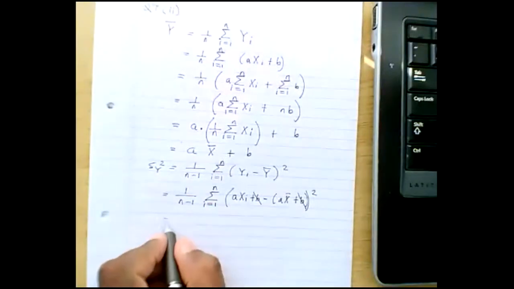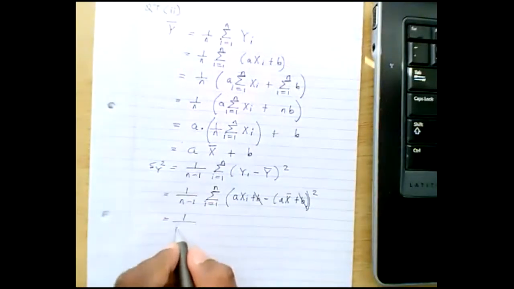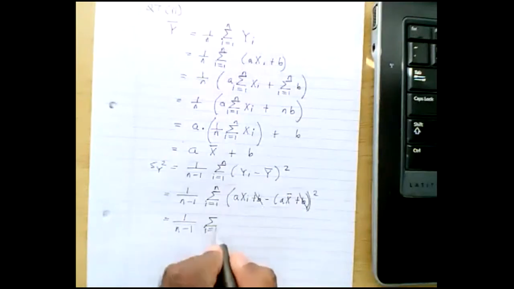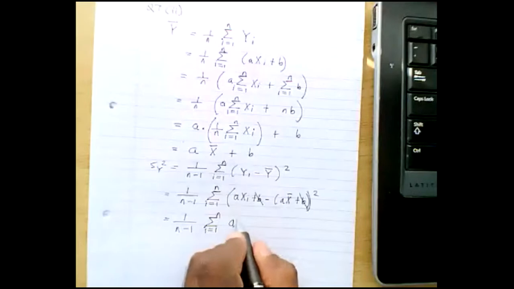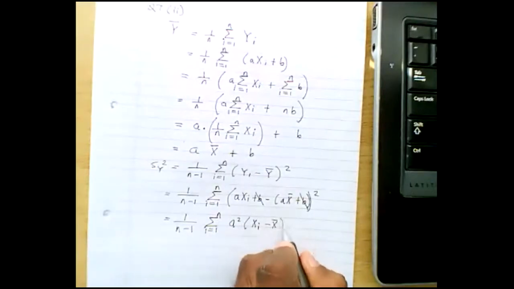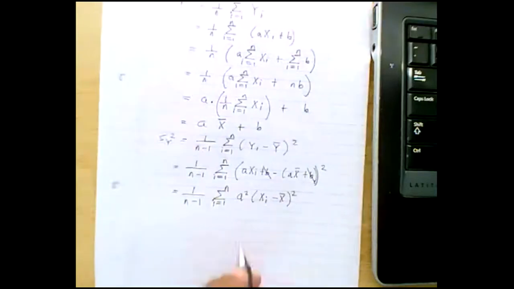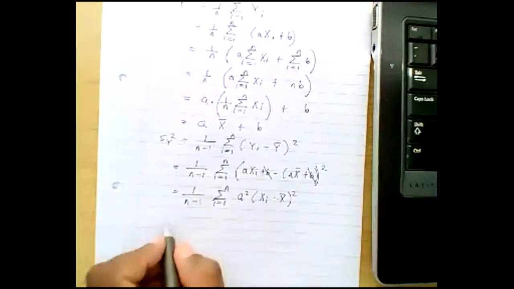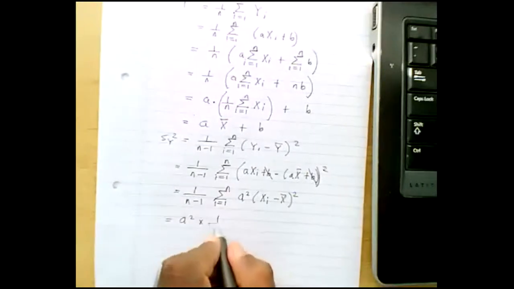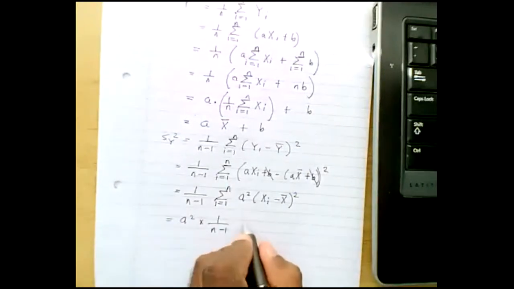So what you have is a squared times xi minus x bar squared. A squared is a constant, so you can pull it outside. So this becomes a squared times 1 over n minus 1.